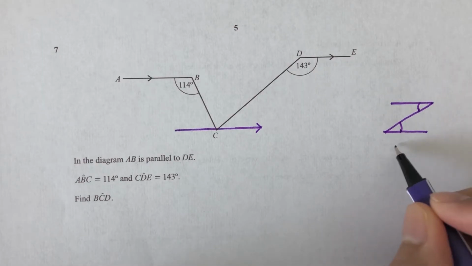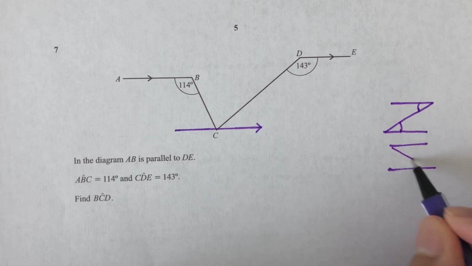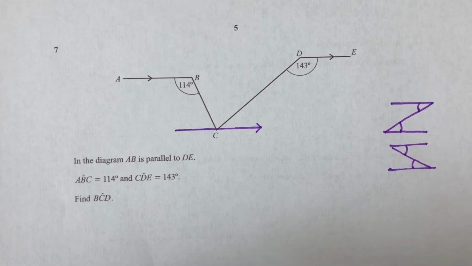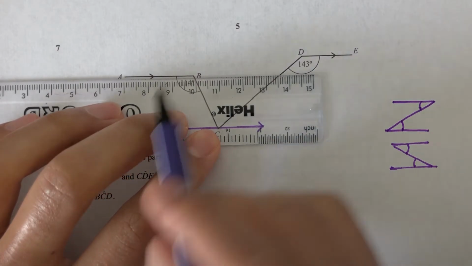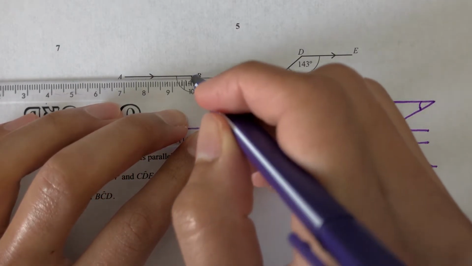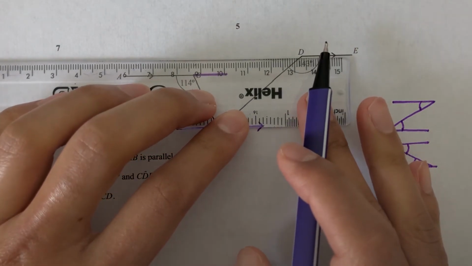Or if the line was this way, the angle here will be the angle here. Okay, so look at those pictures. We have to continue these two lines, so I can have this comparison. So this goes straight, and this goes straight as well.